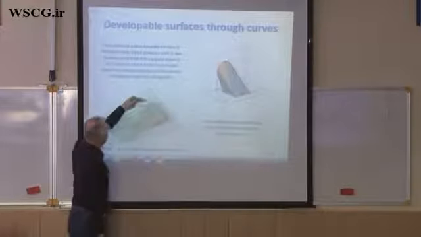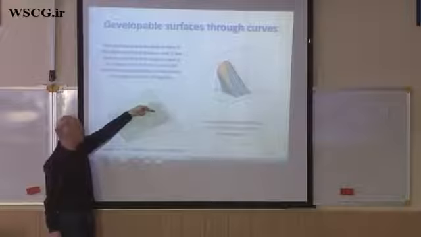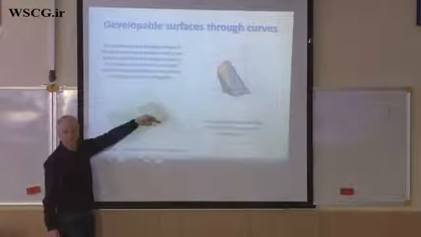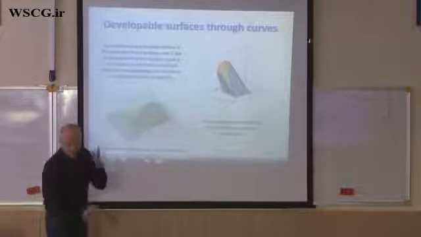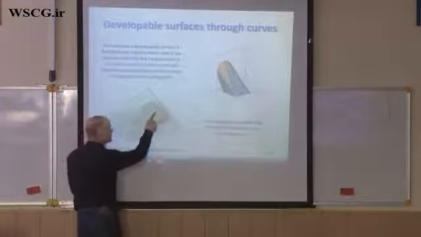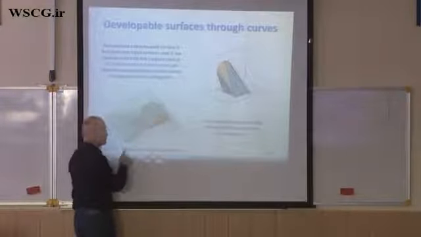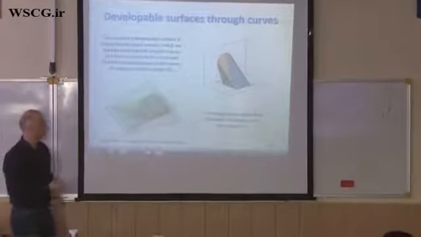If you take a point here, and you are interested in the ruling through this point, or in the corresponding point on the other curve, you have to consider that we want a constant tangent plane along this ruling, right? This is what the developability is characterized by.